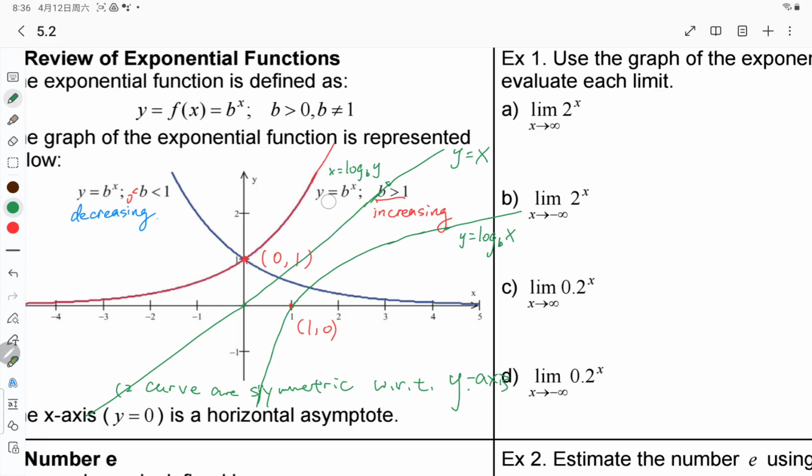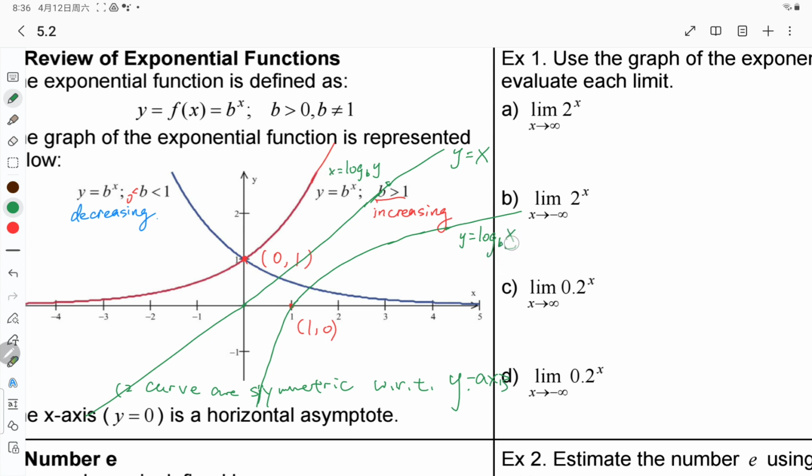Because y equals b to the x, equivalently, you bring the power down and express the power x as x equals log base b of y. And for any function, we are accustomed to treating x as the independent variable, so we always write y equals log base b of x, right?